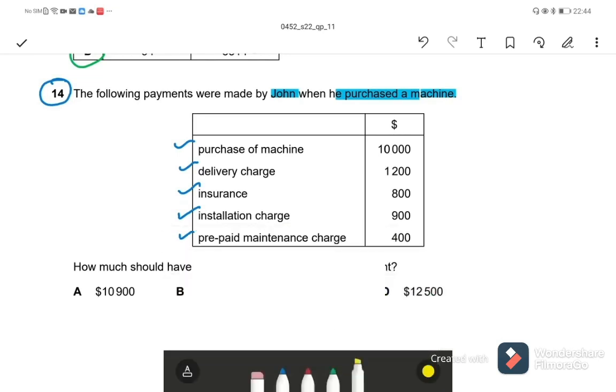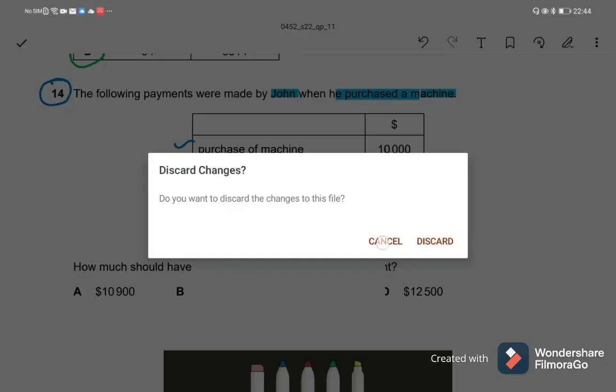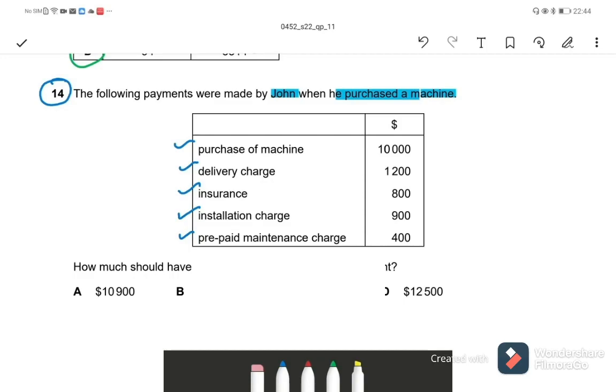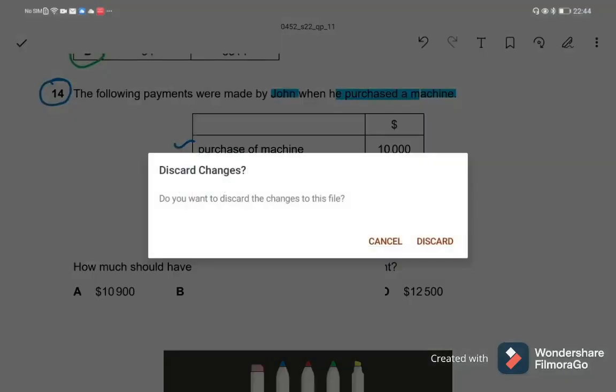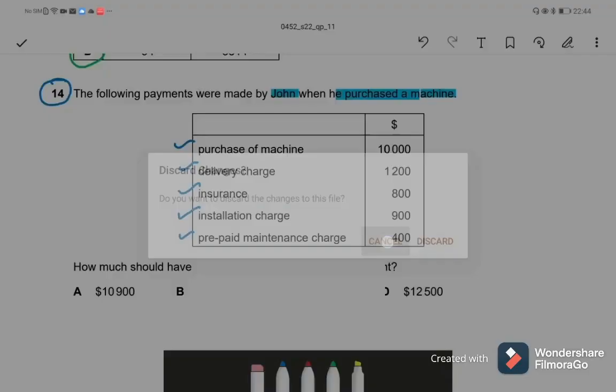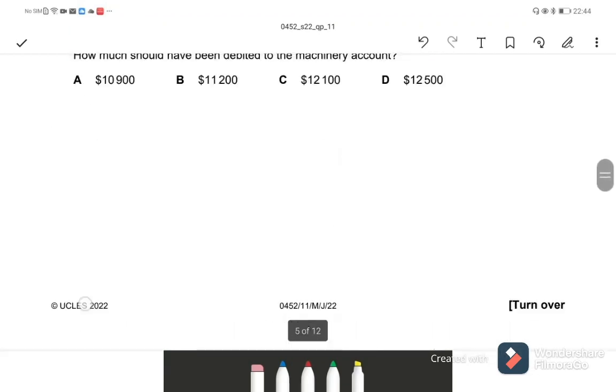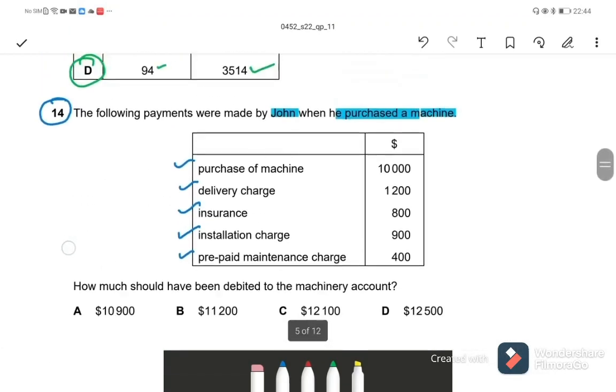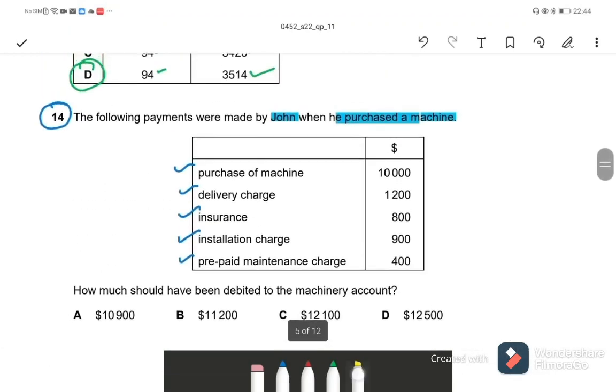How much should have been debited to the machinery account? That is the capital expenditure.